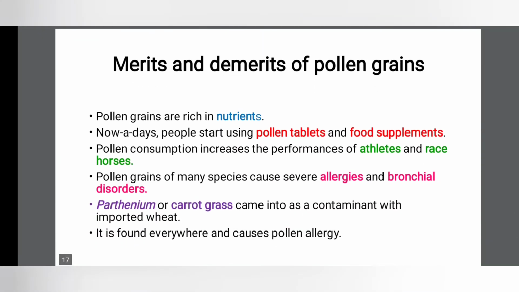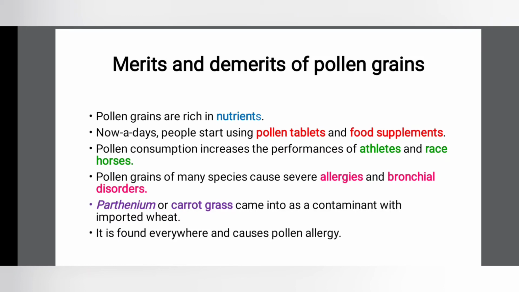Merits and demerits of pollen grains. Pollen grains are rich in nutrients. Nowadays people start using pollen tablets and food supplements. Pollen consumption increases the performance of athletes and racehorses. Pollen grains of many species cause severe allergies and bronchial disorders. These are the demerits of pollen grains.